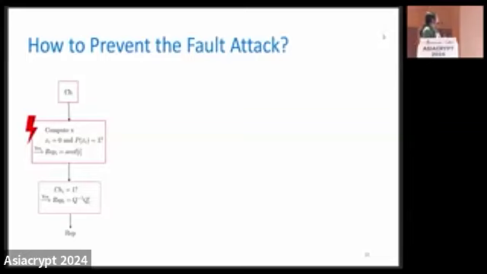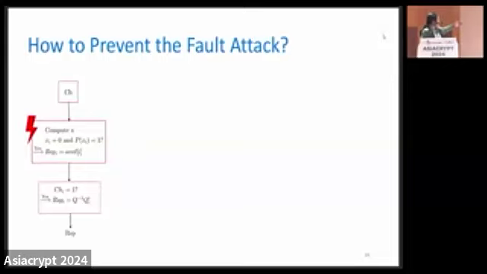So now the question is how to prevent the fault attack. Here we can observe that after the challenge generation, first the challenge is used to generate the reference tree and tree X, and depending on this reference tree, the response is generated. And in the second step, it will check the challenge value and then store the secret related information.